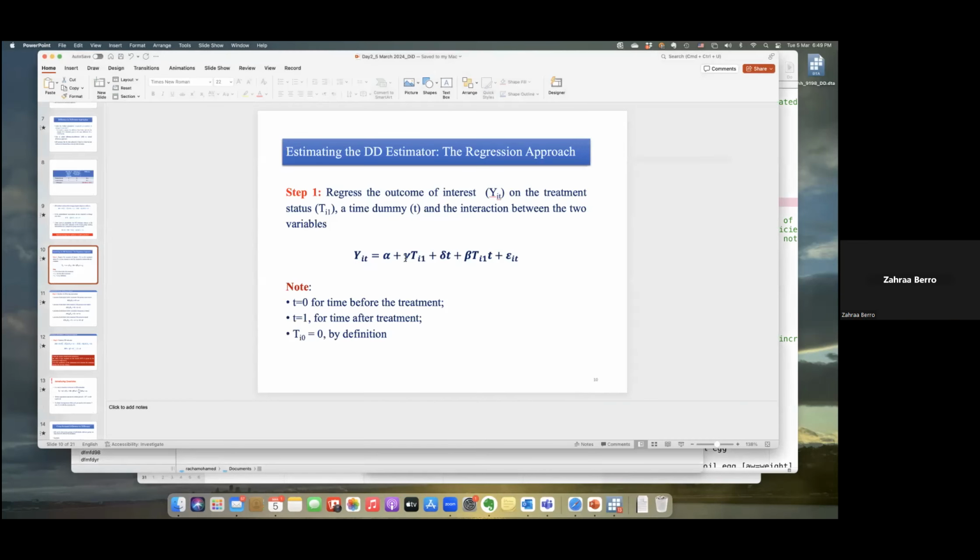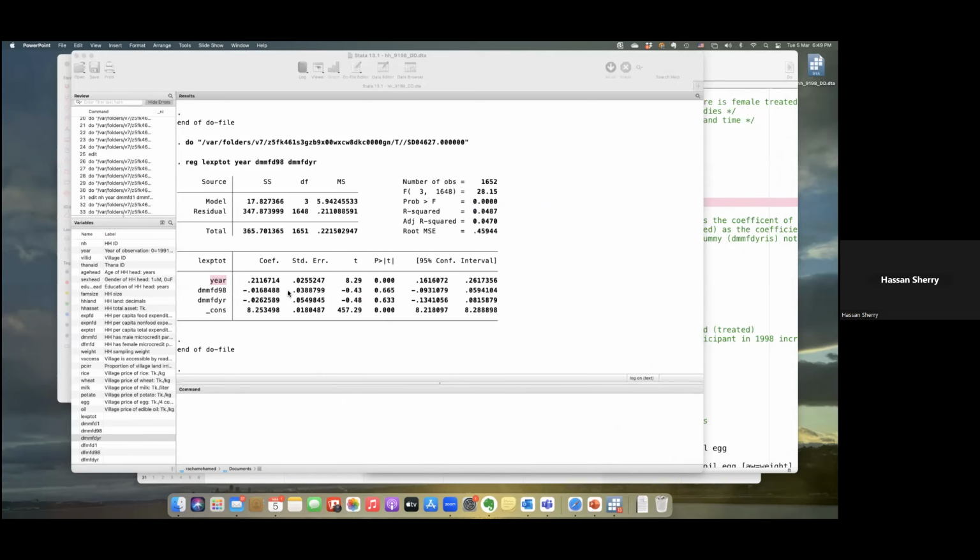This is the delta. Yes. This probably means that in comparison with the reference year, it does explain the variation in the dependent variable. This is why it's significant, basically.